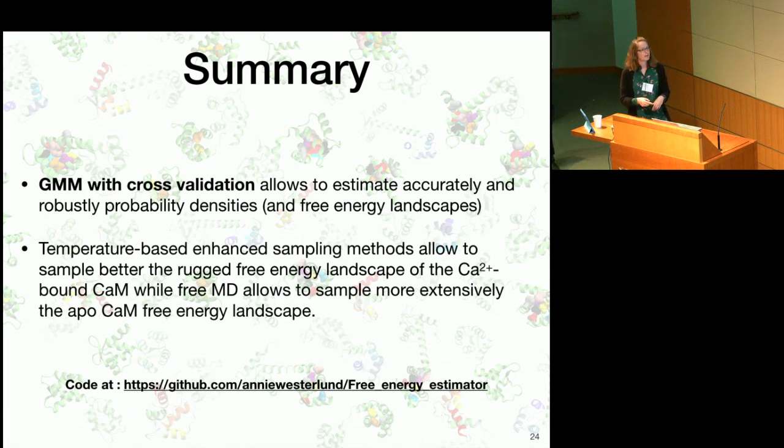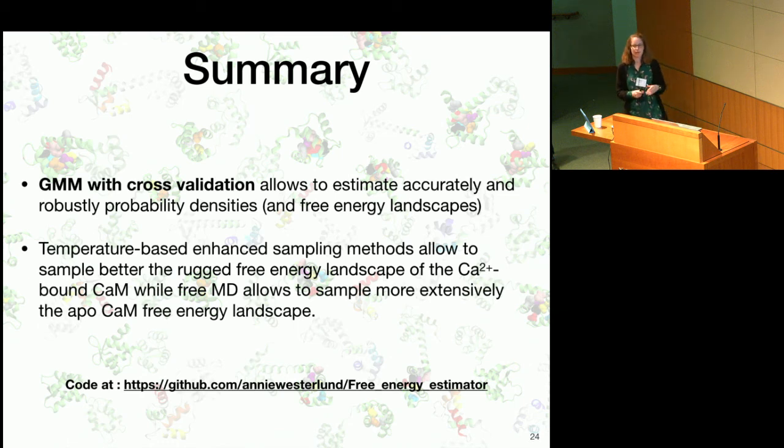The code is available if you would like to use it. And on the specific question of Calmodulin, we can say that temperature-based enhanced sampling methods only perform well on the rugged free energy landscape of the calcium-bound Calmodulin, while it's not the case in the calcium-free Calmodulin.